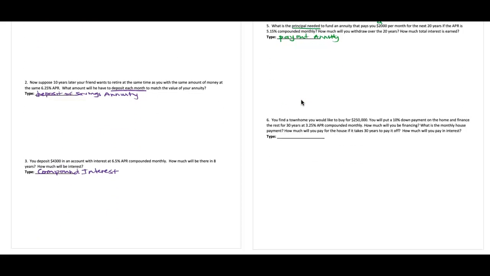And then the last one: you find a townhome you would like to buy for $250,000. You will put 10% down on the home and finance the rest for 30 years. There are parts of it you have to do, just like on that project you did.